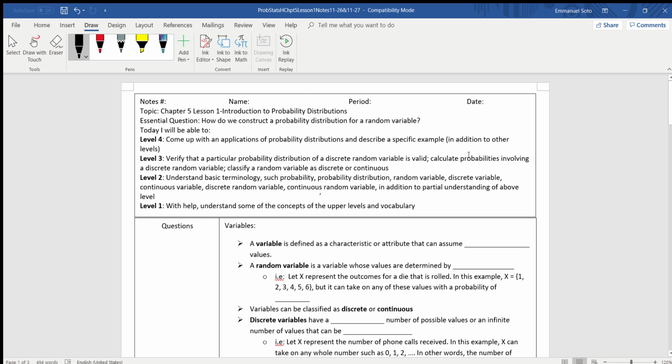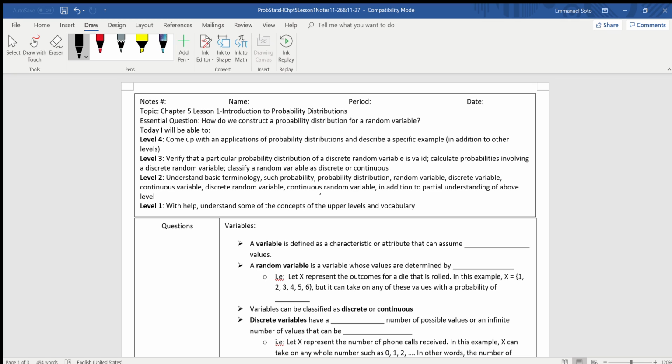This is the first lesson of chapter 5, and we are introducing probability distributions. Last chapter we were doing probability in all the operations: multiplication of probabilities, addition of probabilities, and conditional probabilities. Now we're going to take it an extra step and talk about distributions.